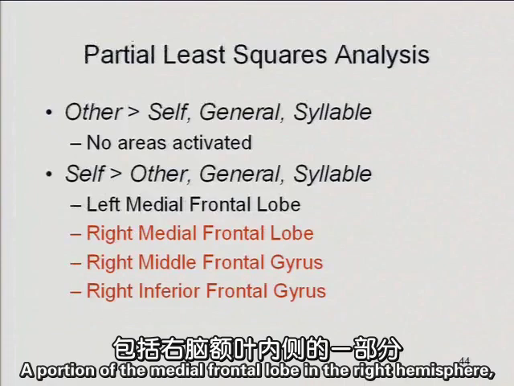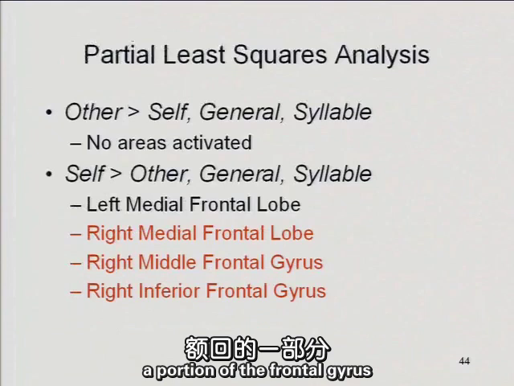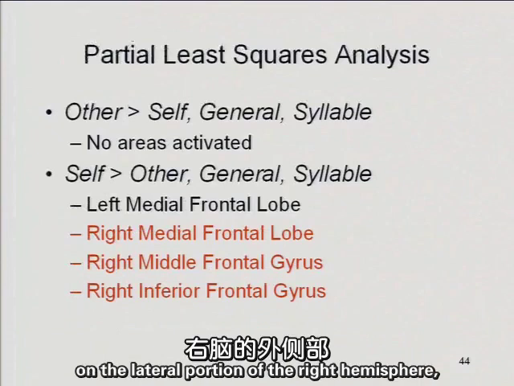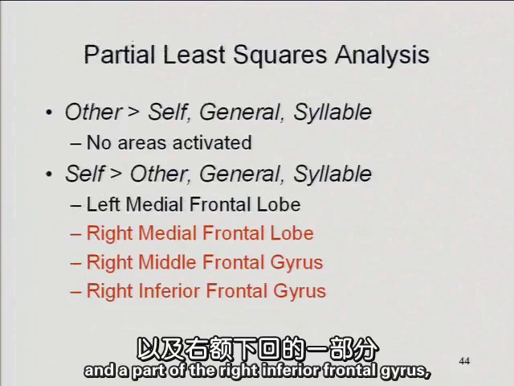A portion of the medial frontal lobe in the right hemisphere, a portion of the frontal gyrus on the lateral portion of the right hemisphere, and a part of the right inferior frontal gyrus.